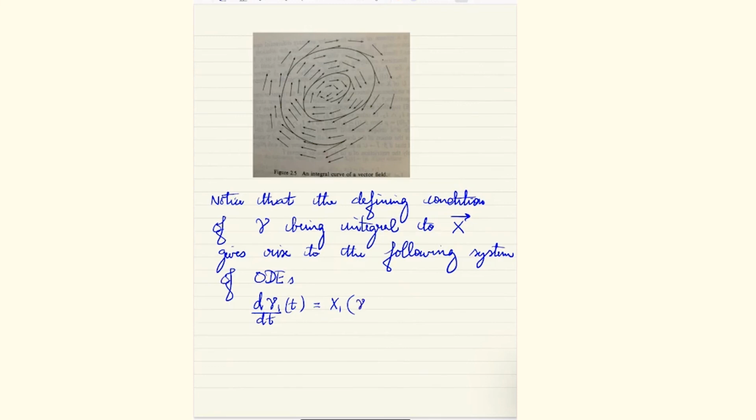So we write this in terms of components as well and equate both. So there's a whole system here, until d gamma (n+1) by dt at the point t should be the same as X(n+1) at the point (gamma 1(t), ..., gamma (n+1)(t)). This holds for all time t in the interval I where gamma is defined. So that is the system of ODEs.